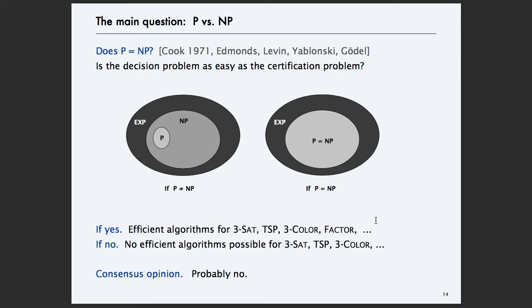Whoever discovers that algorithm would become a gajillionaire. First of all, they would become a millionaire because there is a $1 million prize on proving whether P equals NP or not. And then they would get a gajillion startups that solve the most interesting problems known to mankind. It would look really good on the resume.